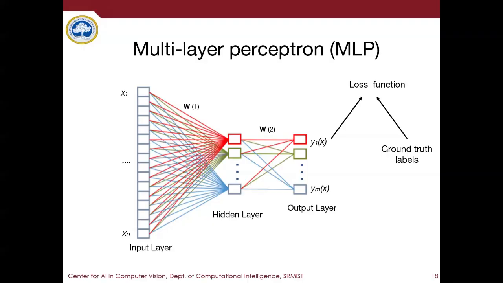Until this point, it's called the forward pass. From the input until this point, you are passing it forward. And after this, what happens in reverse? The backward pass, which is known as backpropagation.